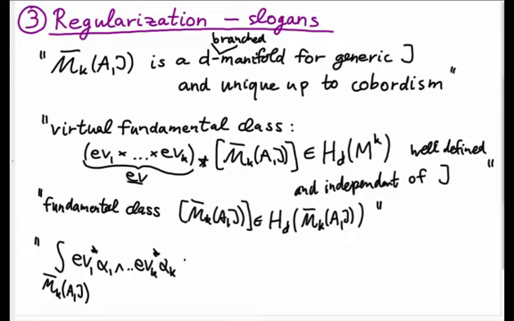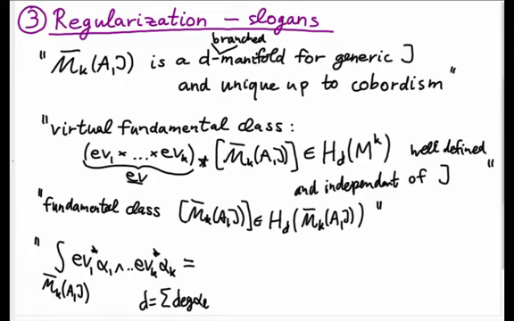Well, the claim is that that is the same thing as imposing point constraints. So I should first say here that the sum over the degrees of the cohomology classes here better be D, the expected dimension of my moduli space, otherwise that integral does not make sense.